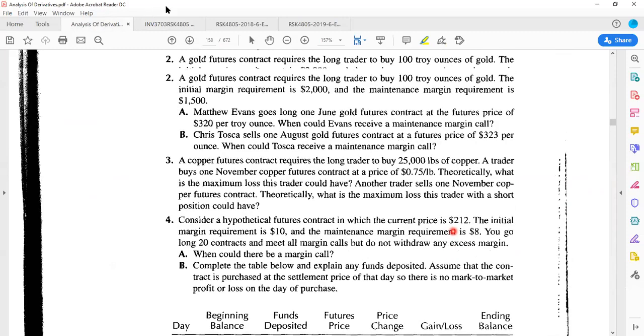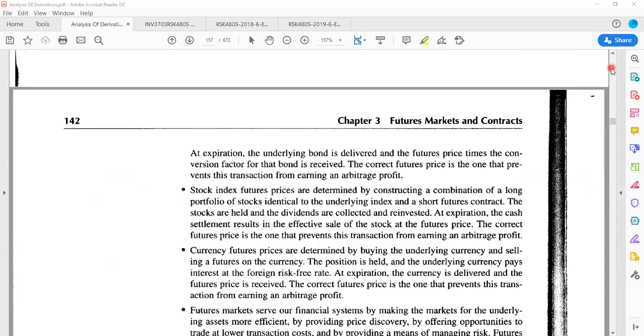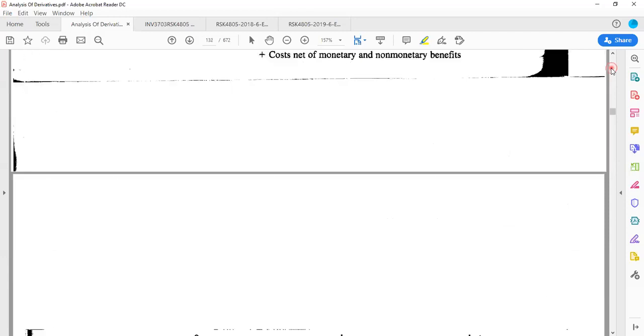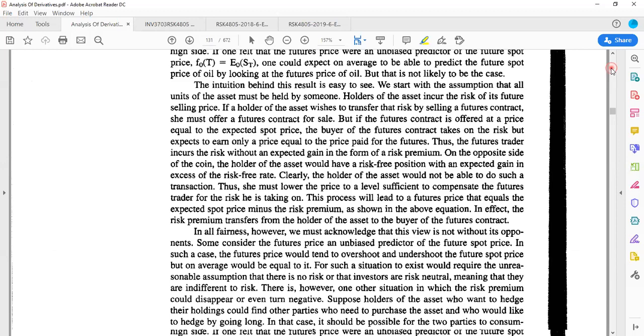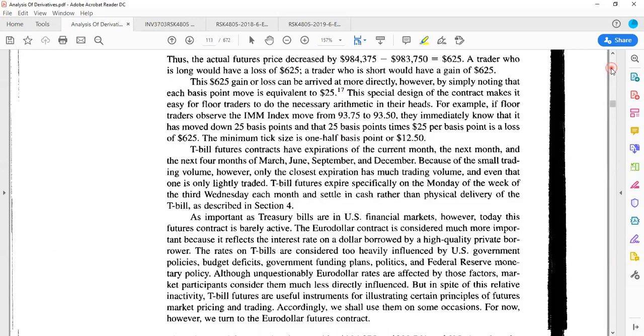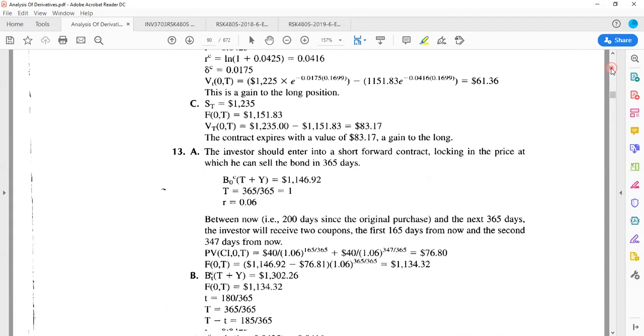Sorry, no. Is it actually page 140? Okay, these are futures contracts, not page 143. It's actually in the study unit before. I'll just open that. There we go.